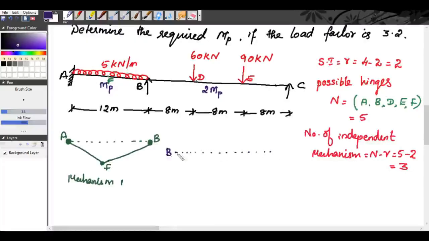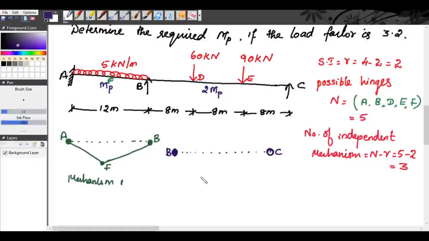Okay, this is B and C. At C, you will have a mechanical hinge. No plastic hinge, it is mechanical hinge at C, because at C, the support is simple support. At B, it is an intermediate support, so that has to be considered as fixed support. So there is a hinge at B.